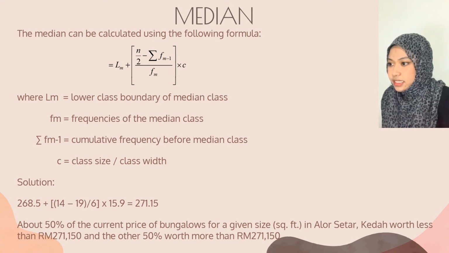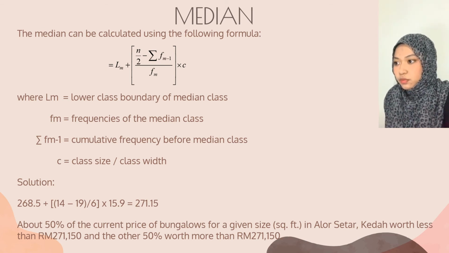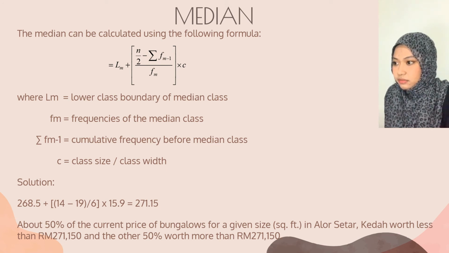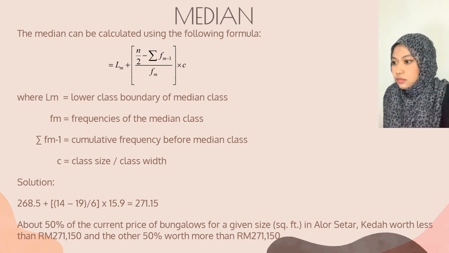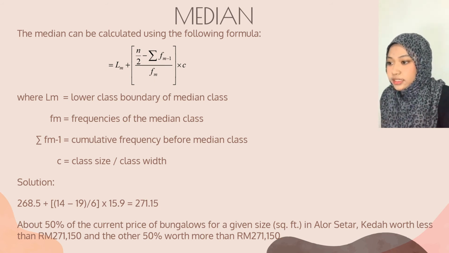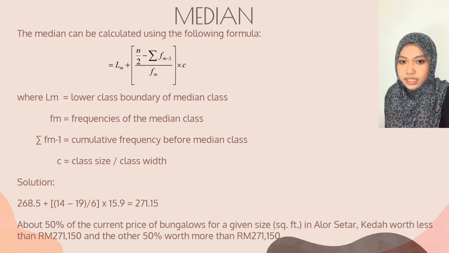For the median calculation, we need to follow this given formula: Lm plus, in bracket, n divided by 2 minus total Fm minus 1, divided by Fm, close bracket, multiplied by C. First, we solve the bracket: n divided by 2, meaning 28 divided by 2. Then we subtract the cumulative frequency before the median class, and divide the amount by Fm, which is the frequency of the median class, 6.